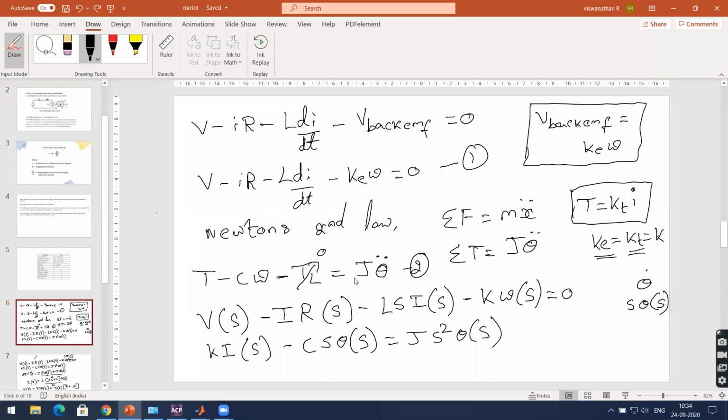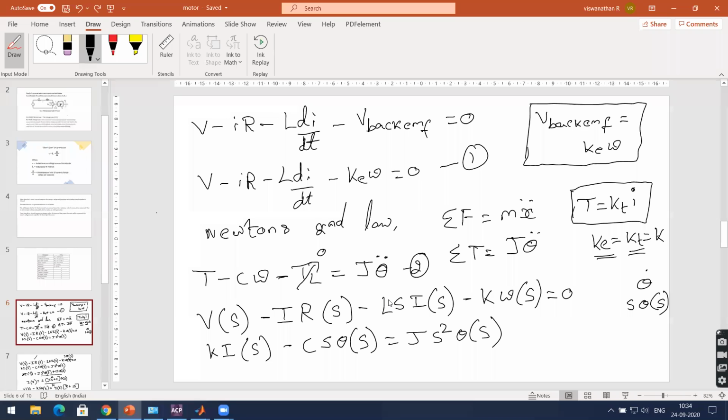If you write the equation for this, the torque produced by the motor is T, and C omega is the damping torque because of the friction. And this is the torque due to the applied load. If you attach anything to the motor, that will be the applied load, but you are not applying any load as of now, so it is 0.